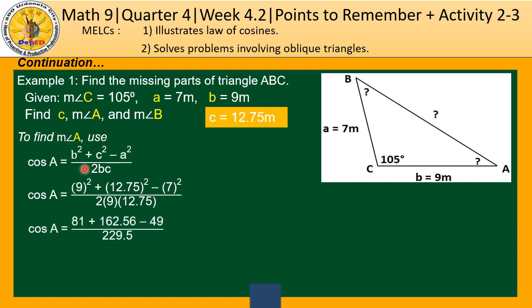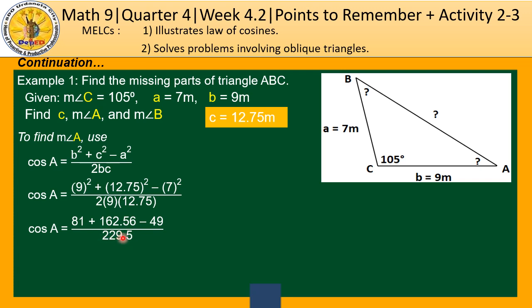Next we have 9 squared is 81, 12.75 squared is equal to 162.56, 7 squared is equal to 49, and 2 times 9 is 18 times 12.75, that is equal to 229.5.